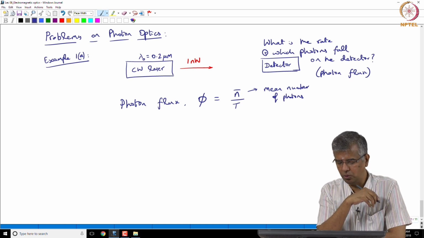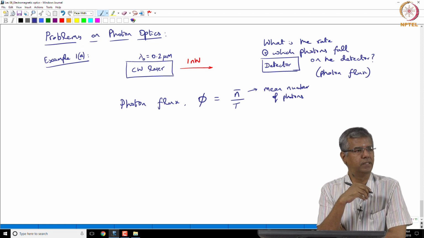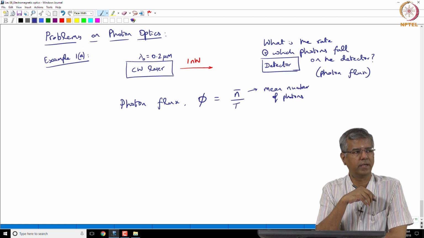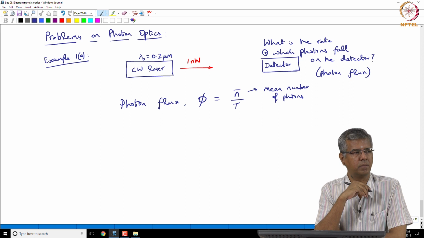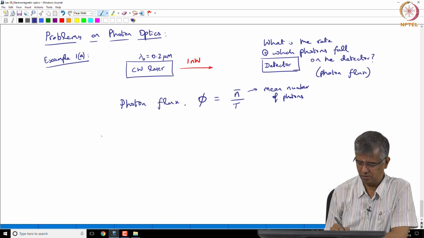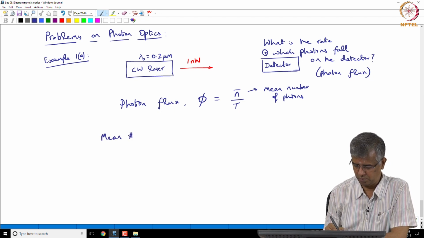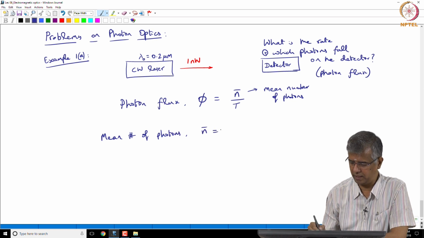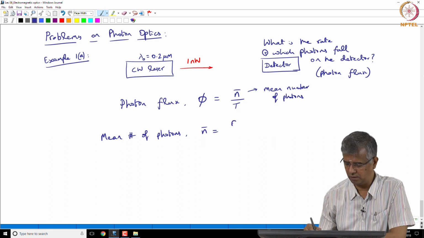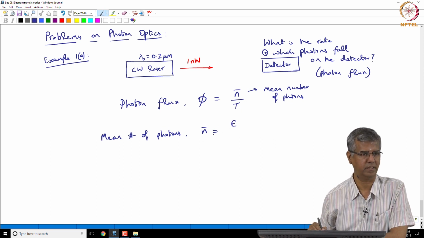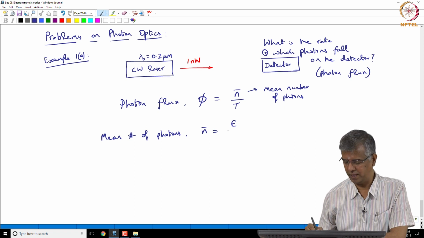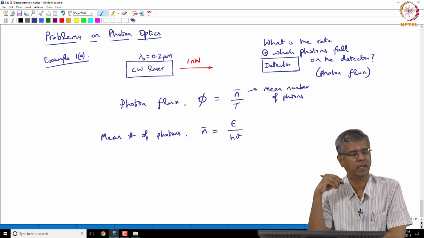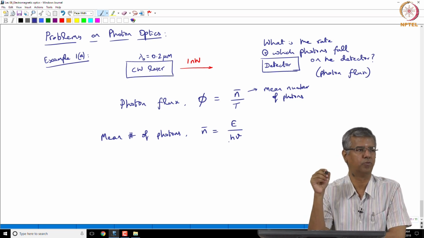If you know the energy of light, can we find the mean number of photons? How is the mean number of photons n bar related to the energy? If the energy of your radiation is E, then n bar is E divided by h nu, which is the energy corresponding to a single photon.